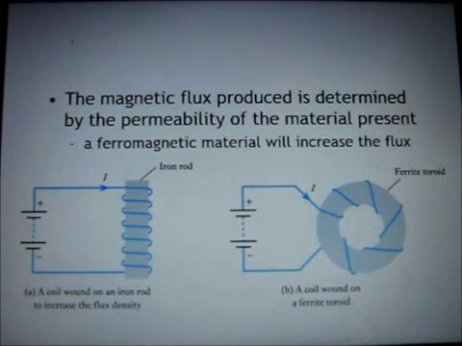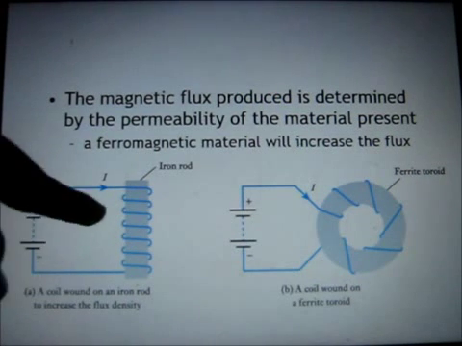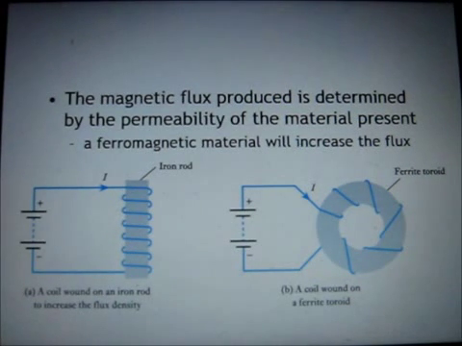A ferromagnetic material will increase the flux. As said before, an iron rod is used in this case, and this increases the linkage of flux to the coil, and hence the permeability increases. Permeability is a very simple term. It is the intensity with which the linkage of magnetic flux takes place with the coil.